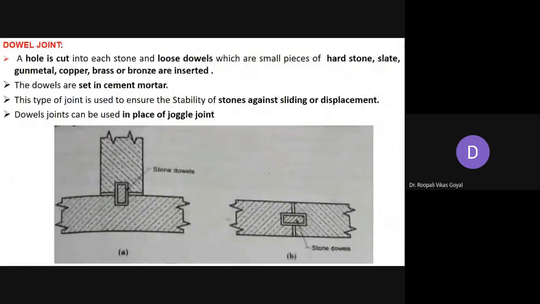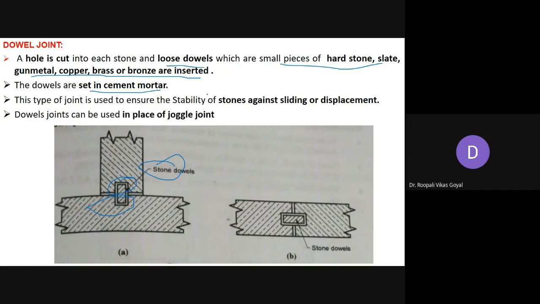Next is dowel joint. So here also the hole is cut into each stone, and in this particular hole, the loose dowels are placed. So what are dowels? They are small pieces of hard stones like slate, gunmetal, copper, brass, or bronze that are inserted. So in the hole, stone dowels can be inserted, and these dowels are set in cement mortar.